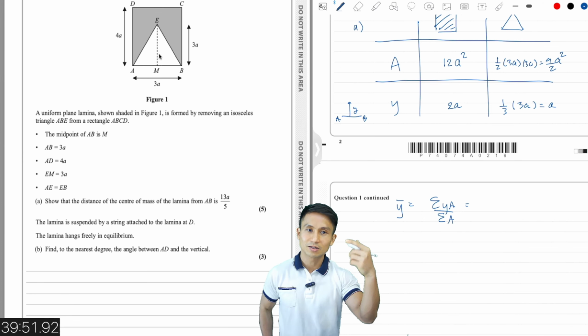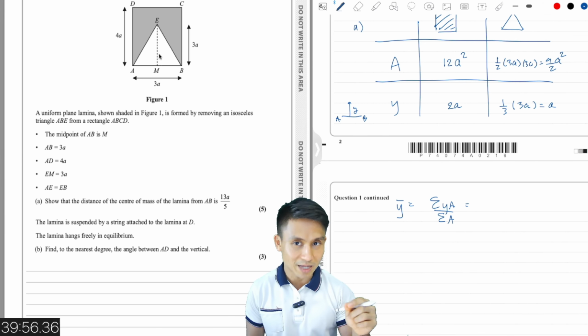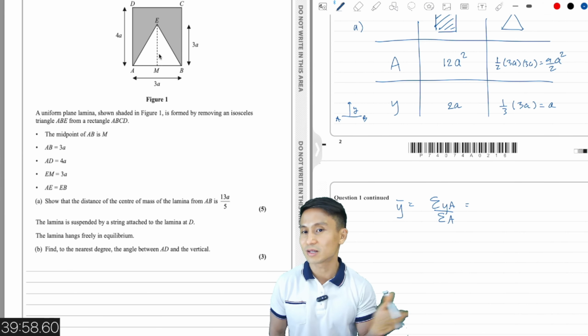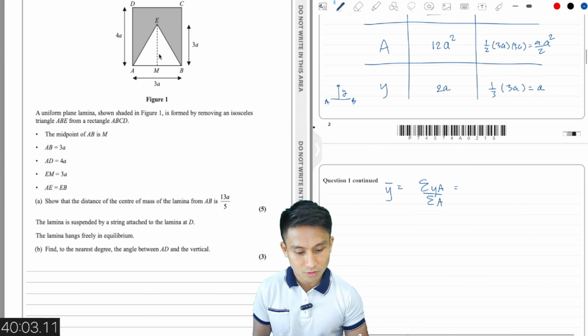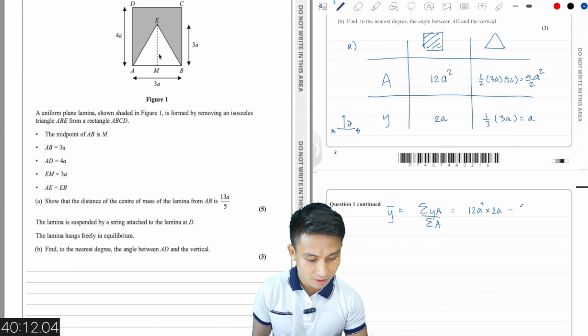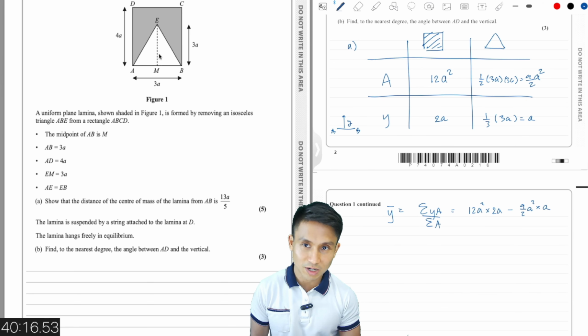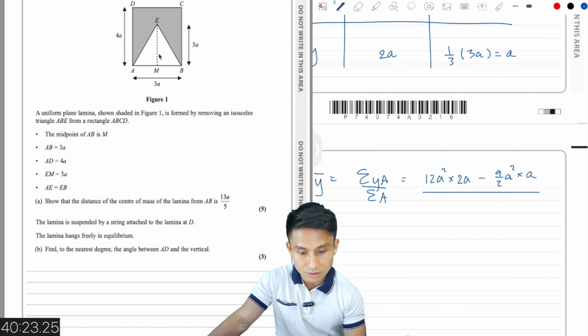Because for a lamina the center of mass depends on the area, not the mass, because the uniform density means that we don't need to care about the actual density. We can use the area. So 12A squared times 2A, that's for the rectangle. Now we have to do minus, right? 9 over 2 A squared times A, subtracting, divided by just the sum of area.